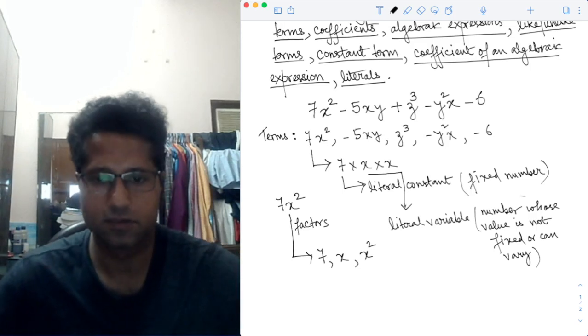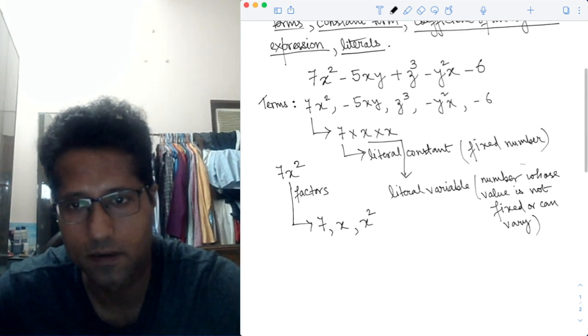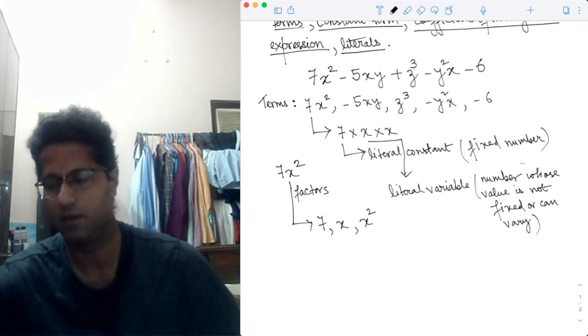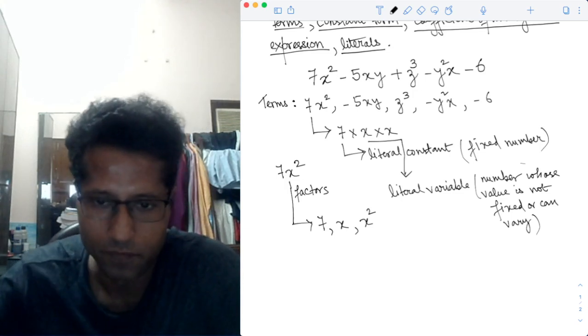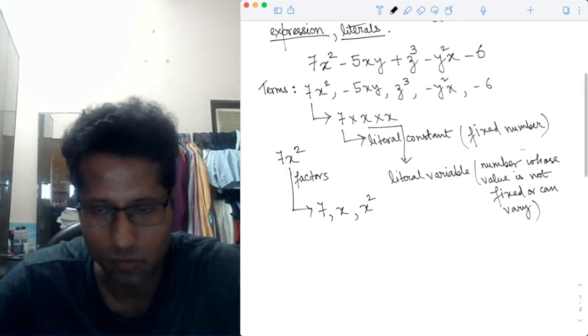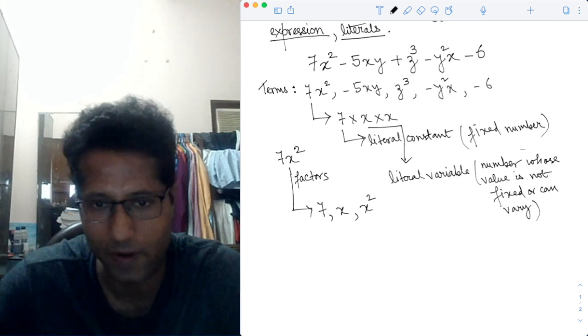Now let's try to understand coefficients. Coefficients are also associated with a term. When you say coefficient, you ask what is the coefficient of a factor in a term.